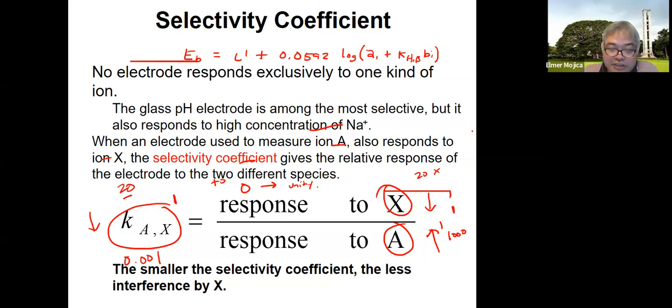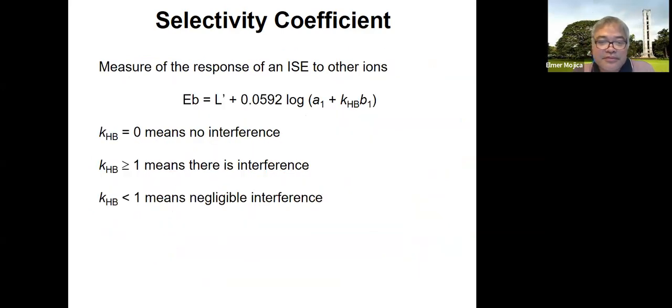So that's an additional term to measure the response of your ion selective electrode to other ions. Question? Yeah, that's the one that you have here. So K_HB of 0 means no interference. More than 1, there is interference. Less than 1 means negligible interference.